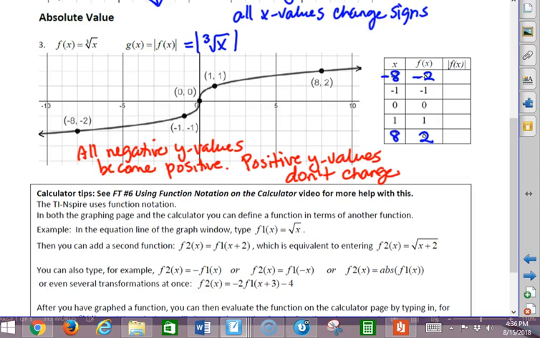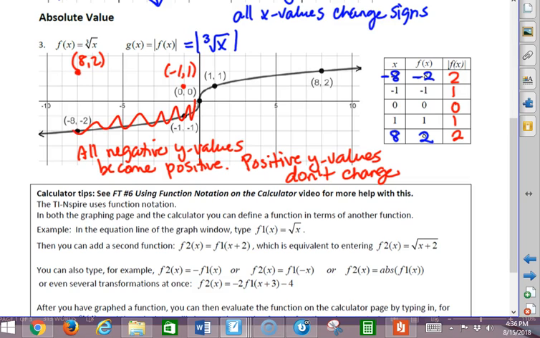So when x is negative 8, instead of y being negative 2, it becomes positive 2. When x is negative 1, instead of y being negative 1, it becomes positive 1. The other three stay the same. So negative 8, negative 2 becomes negative 8, positive 2. Negative 1, negative 1 becomes negative 1, positive 1.